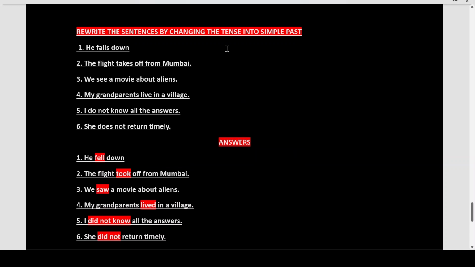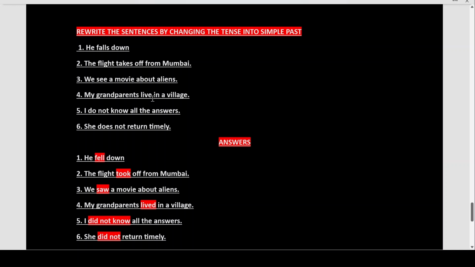Next, rewrite the sentences by changing the tense to simple past tense. He falls down. He fell down. The flight takes off from Mumbai. The flight took off from Mumbai, because we are changing the sentences into simple past. Takes off becomes took off. Falls down becomes fell down. We see a movie about aliens. See becomes saw. We saw a movie about aliens.